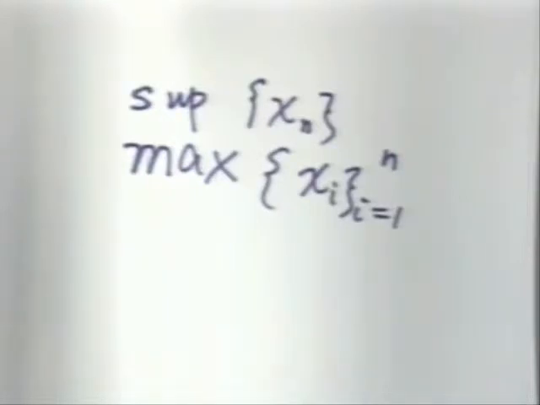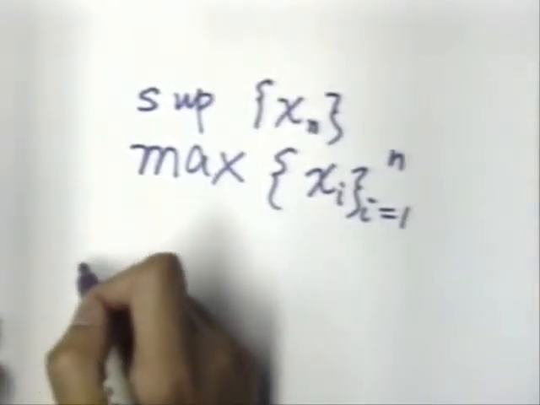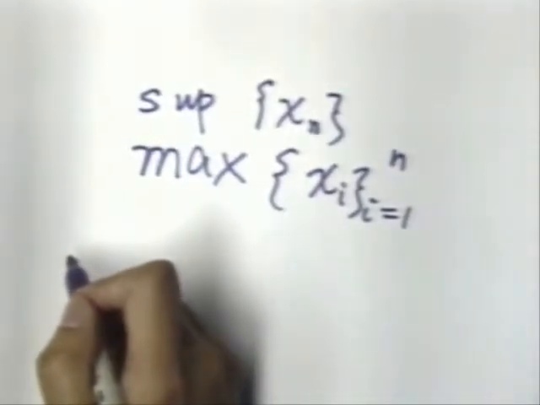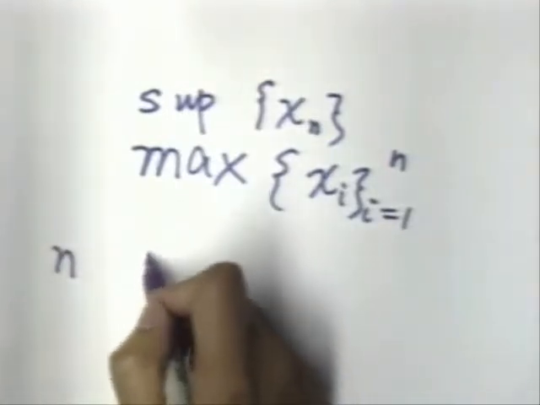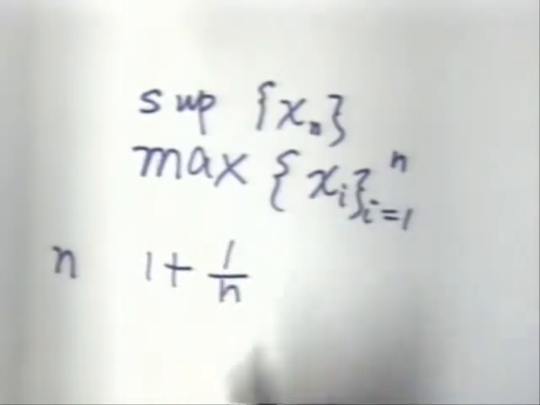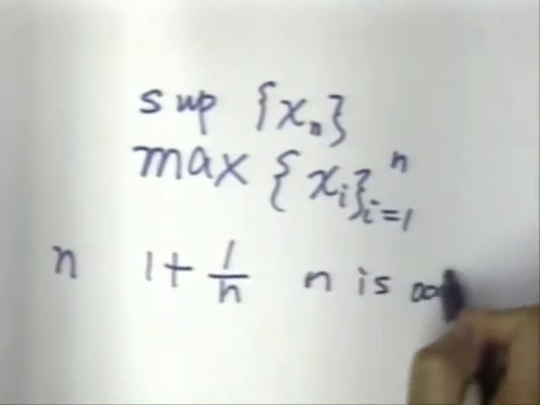For instance, if you have a sequence, you could end up with a certain part that will approach. For instance, you may say the sequence at odd n is, let's say, 1 plus this, when n is odd.